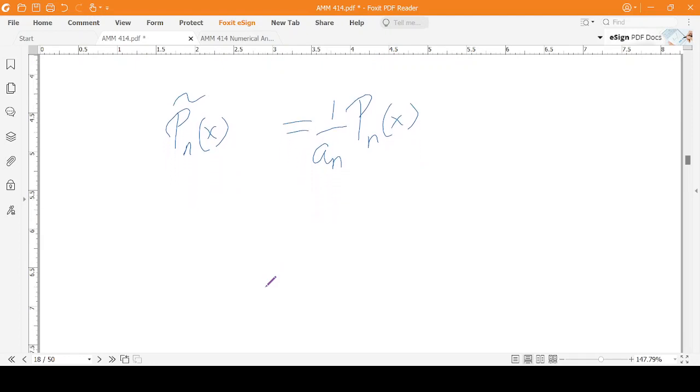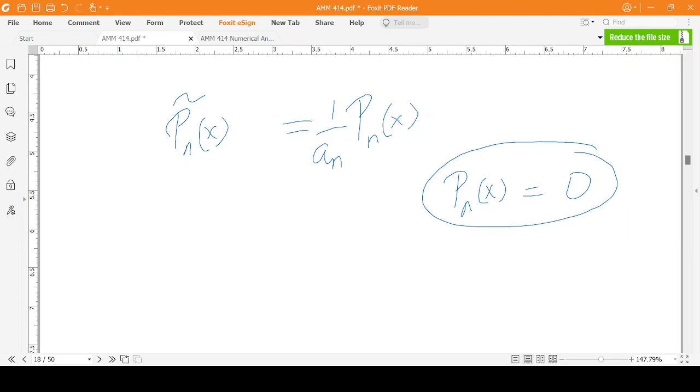And it is important to note that if we know the roots of Pn of x equals 0, and then divide Pn by a_n, we generate another equation, Pn of x divided by a_n. a_n is a constant.